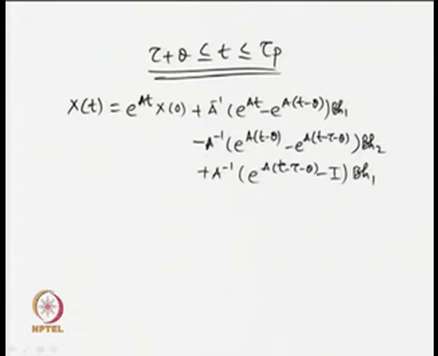So, as expected, the state for the final segment of the output is involving two linear piecewise constant inputs, h1 and h2.